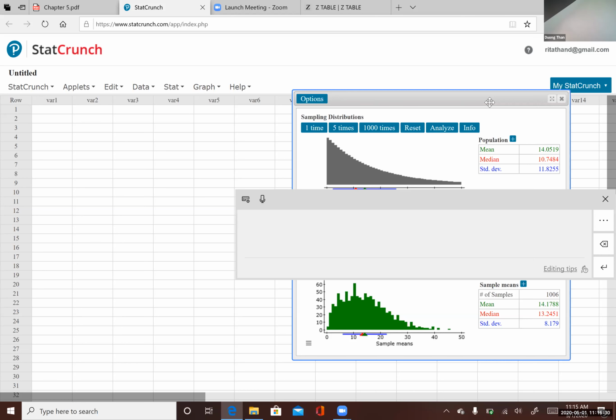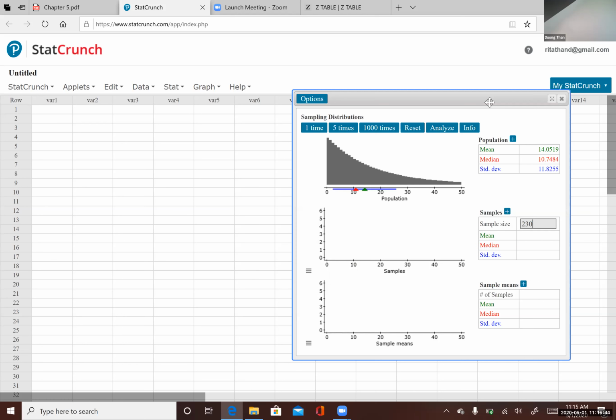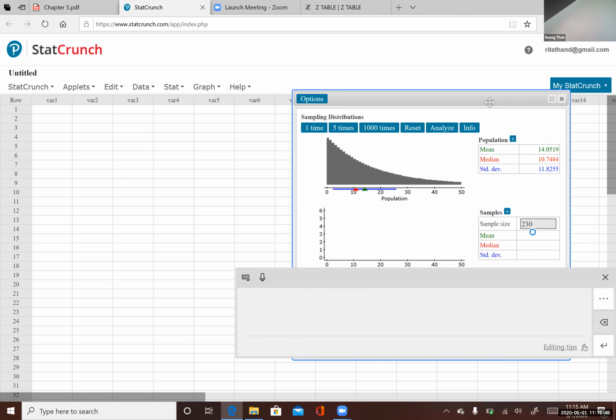What if I get a bigger sample size to see if it changes? So I just want to have the sample size for all my samples be 30.